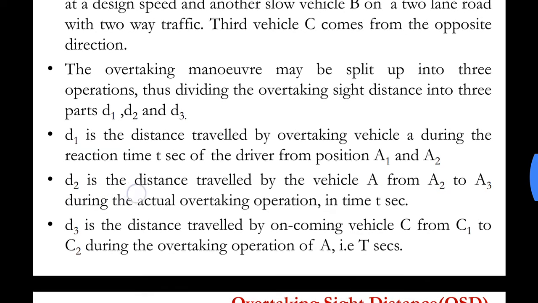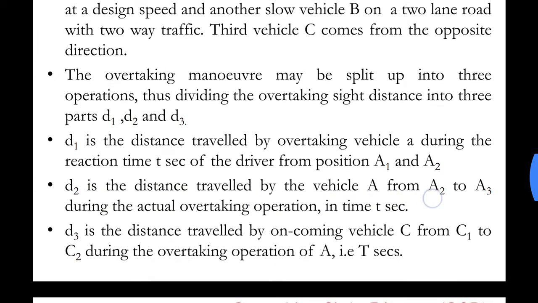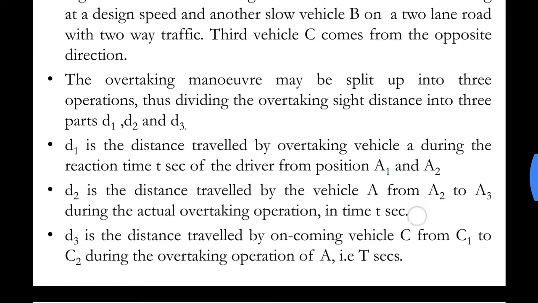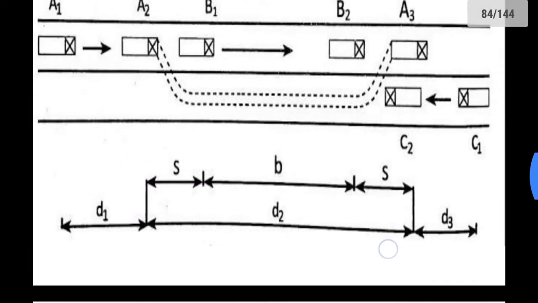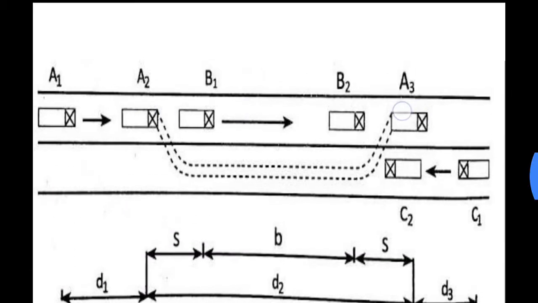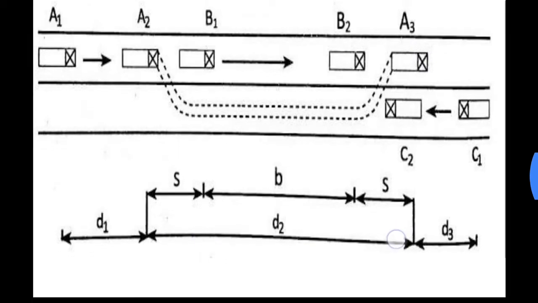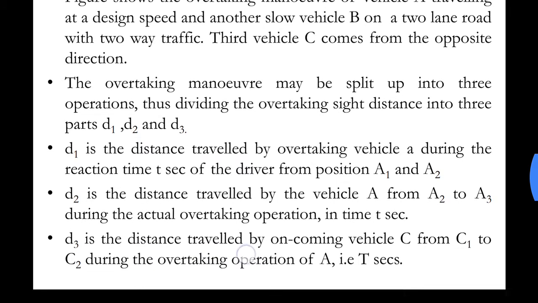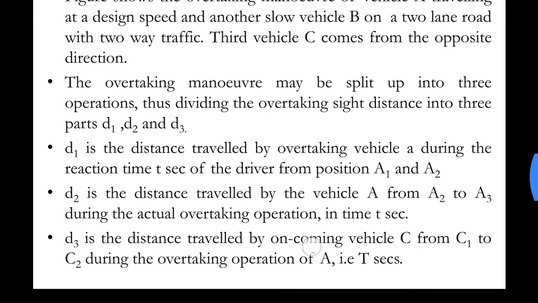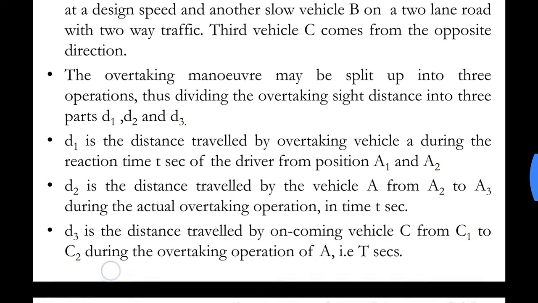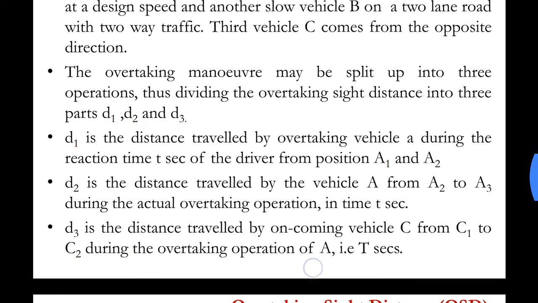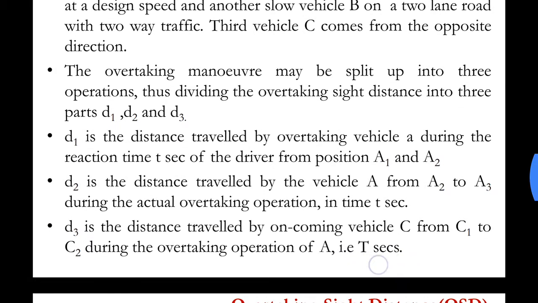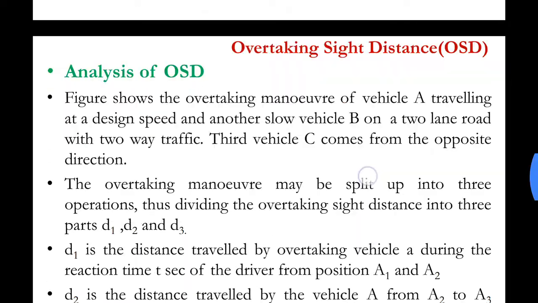d2 is the distance traveled by vehicle A from A2 to A3 during the actual overtaking operation in time T seconds. Now this is from A2 to A3, so this would be d2. d3 is the distance traveled by oncoming vehicle C from C1 to C2 during the overtaking operation of A, in T seconds, this is capital T. We'll derive a formula for this capital T later on.